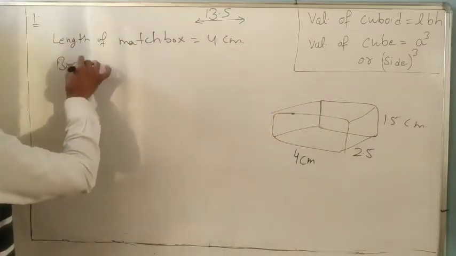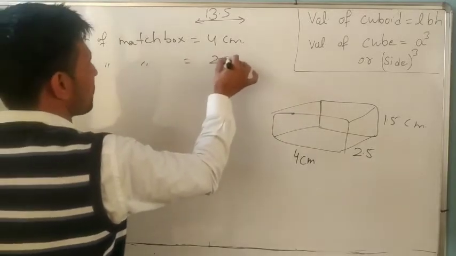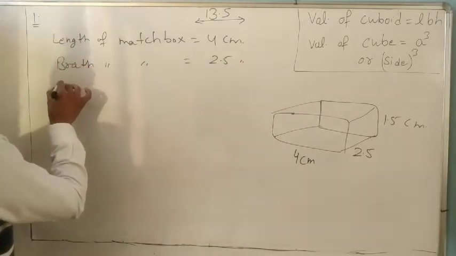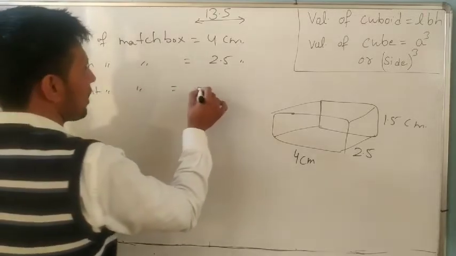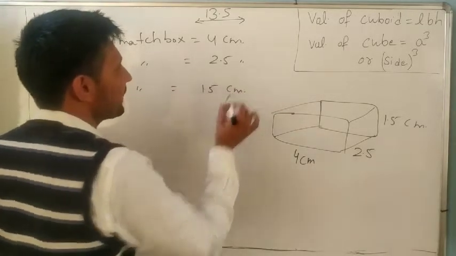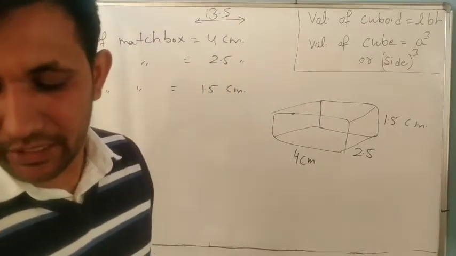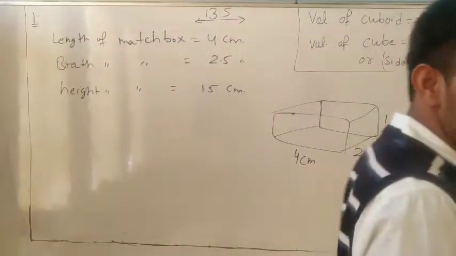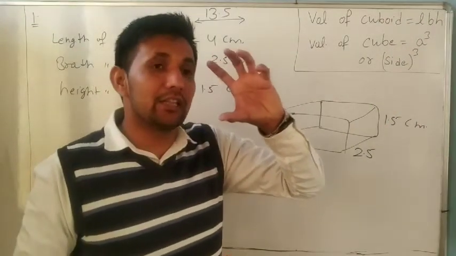We will write the breadth of the matchbox, 2.5 centimeter. Next is the height of the matchbox, 1.5 centimeter. So we have to find the volume of a packet containing 12 such boxes. In a packet there are 12 matchboxes.